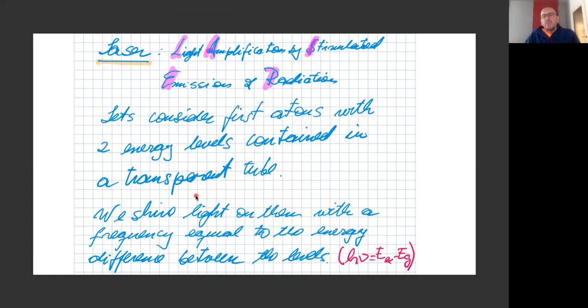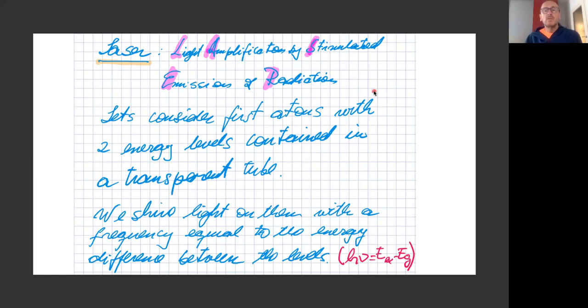Those two things are lightly related, and I'm going to try to make the point of how they are. But let's start with the idea of what a laser is. A laser is an acronym for the words that I have here: light amplification by stimulated emission of radiation. Okay, so that's what a laser means.